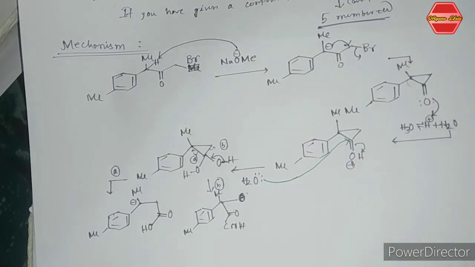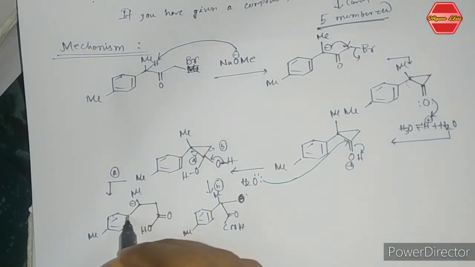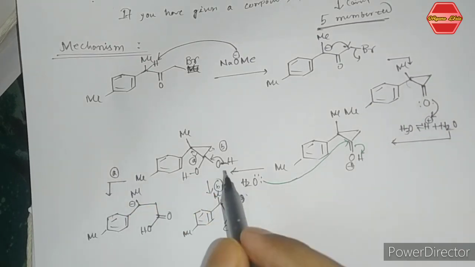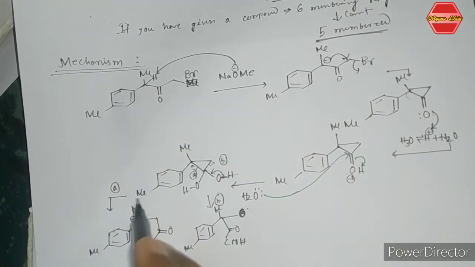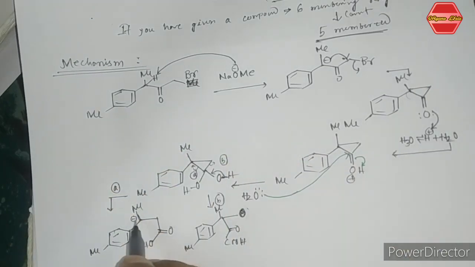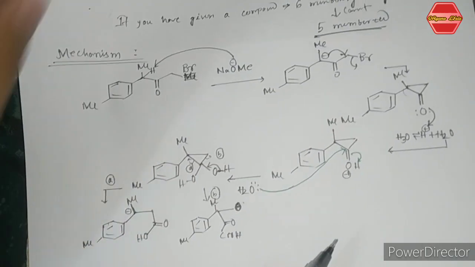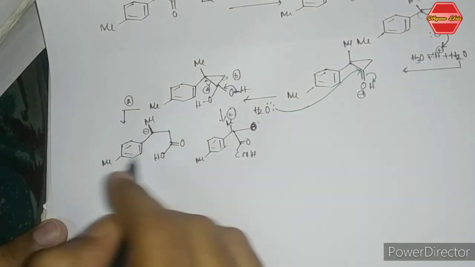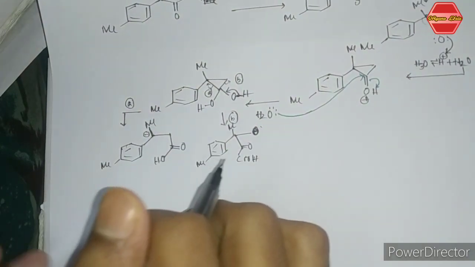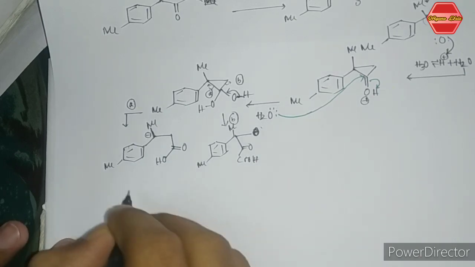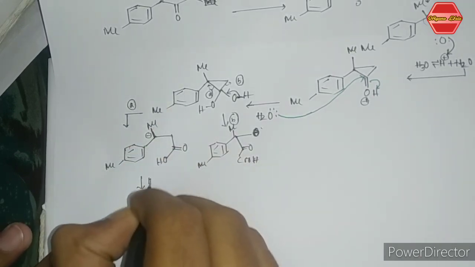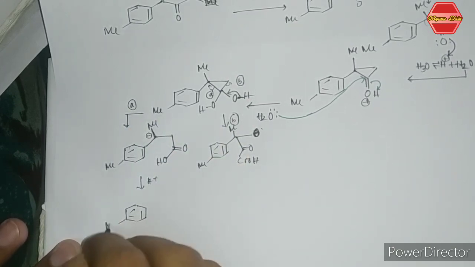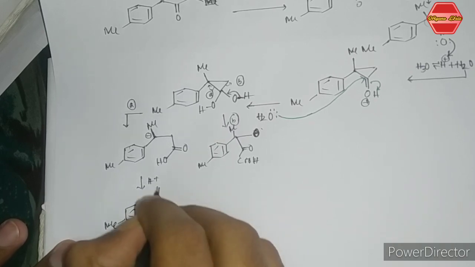Sorry, this is negative charge, a primary carbanion, and here there is a benzylic carbanion, which is more stable compared to this one. So here the concept of regioselectivity arises, that at this position the negative charge is much more stable, and this side of ring opening will take place. After that the negative charge will take a proton from the source, you have already given the water in the medium. So there is a Me, methyl.